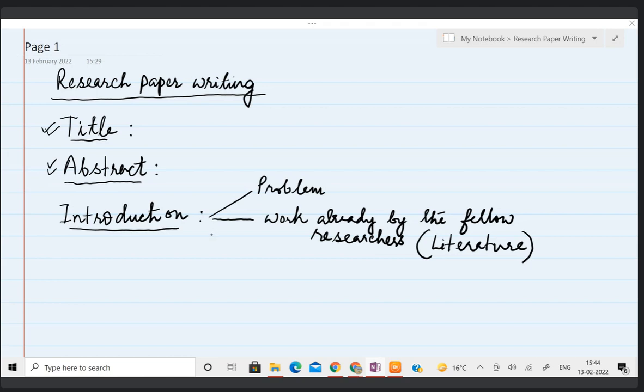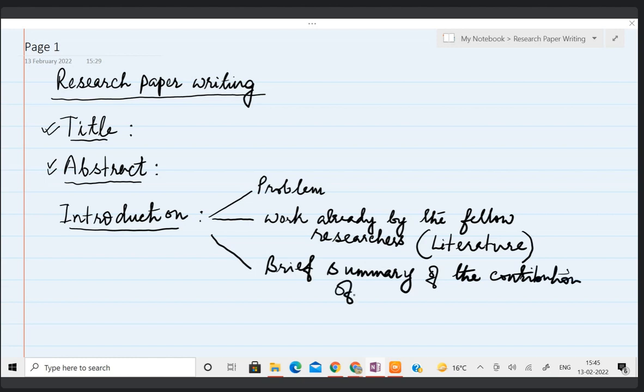Okay. And the third thing that should be part of the introduction, and normally the reviewers who review your work before it is published in any journal or conference ask you to keep, is a brief summary of the contribution of your work, maybe in a highlighted form or in a paragraph, in which you talk about the work that you have undertaken and are reporting in the paper.